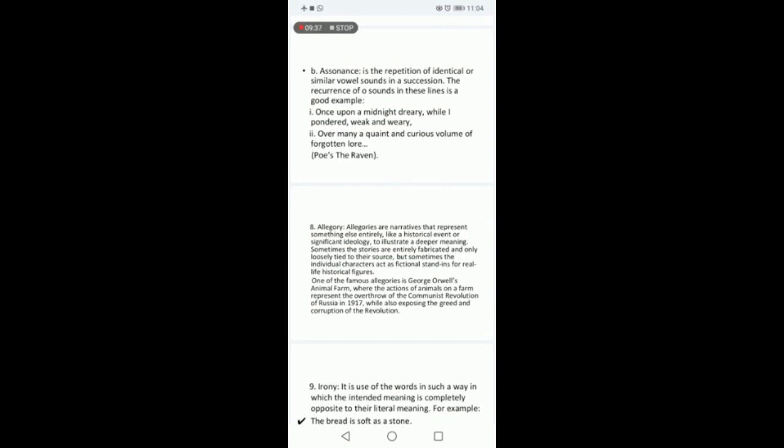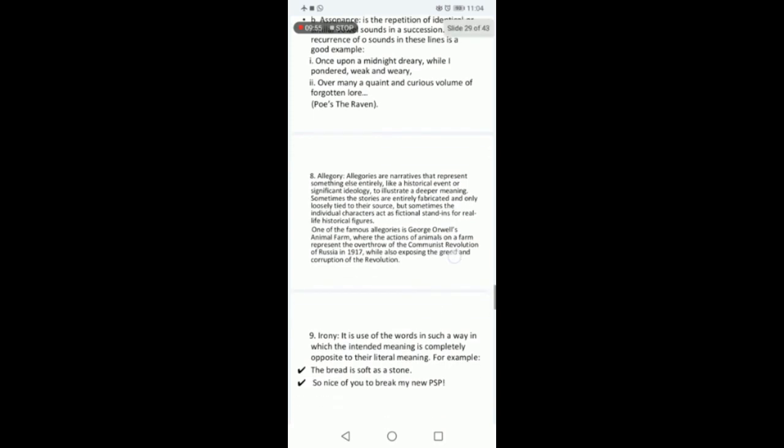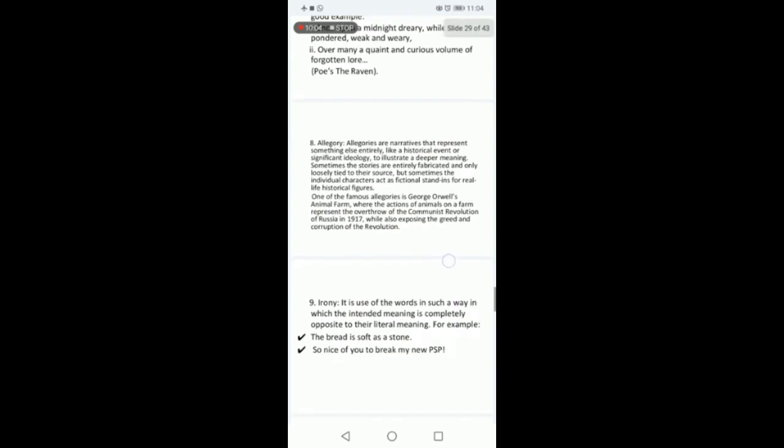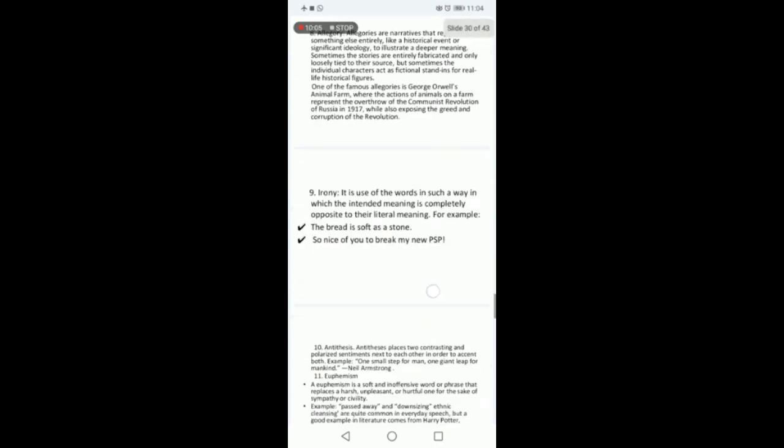Somebody that has read Animal Farm will know that the actions presented by the animals in that novel represent the communist revolution of Russia. It's a political text talking about how the animals take over their own affairs, thinking that they can do better for themselves than the human beings. Then we talk about irony.